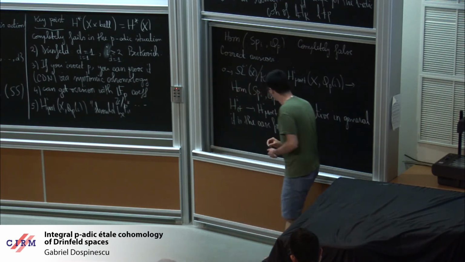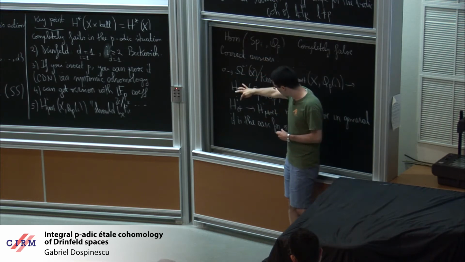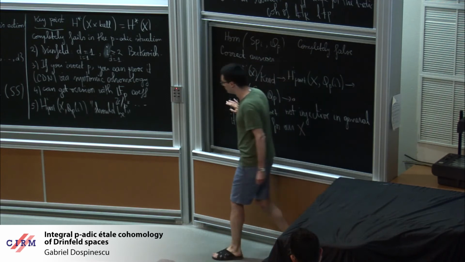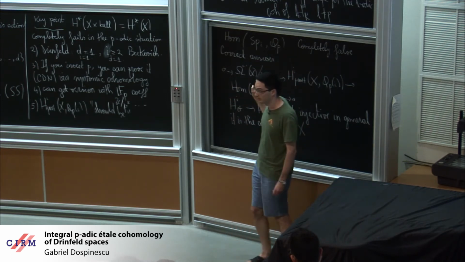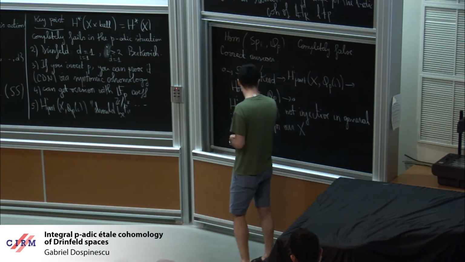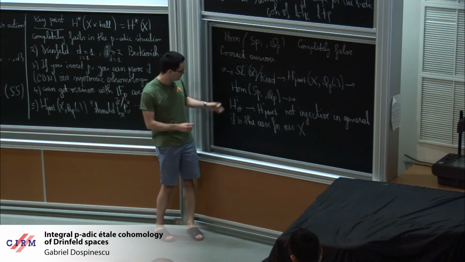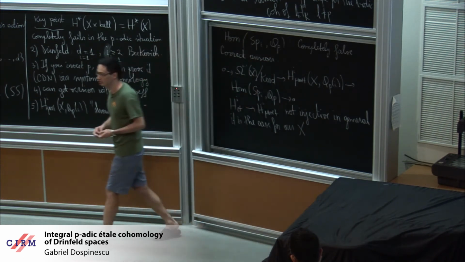But somewhat strangely, we cannot prove that this is injective without actually computing both of these guys. If you knew that this is injective, you would kind of win again using rigidity of lattices in this space. So again, you have a natural map between étale and pro-étale. How do you show that it is injective? Well, since it's not injective in general, you have to do some work for this special case.